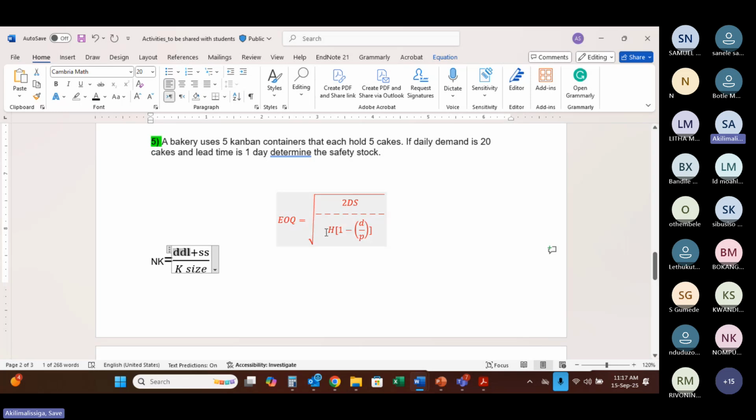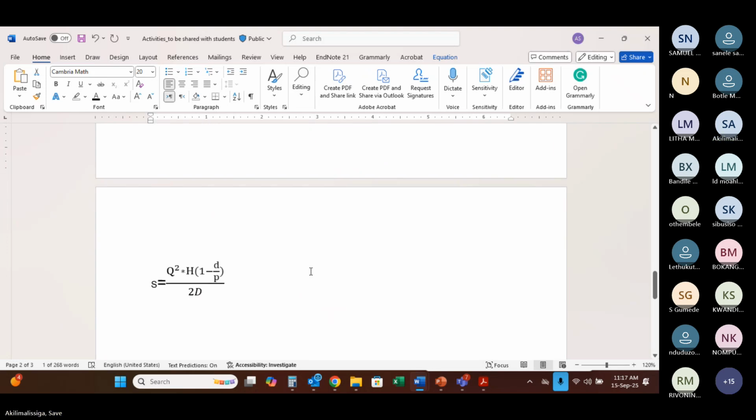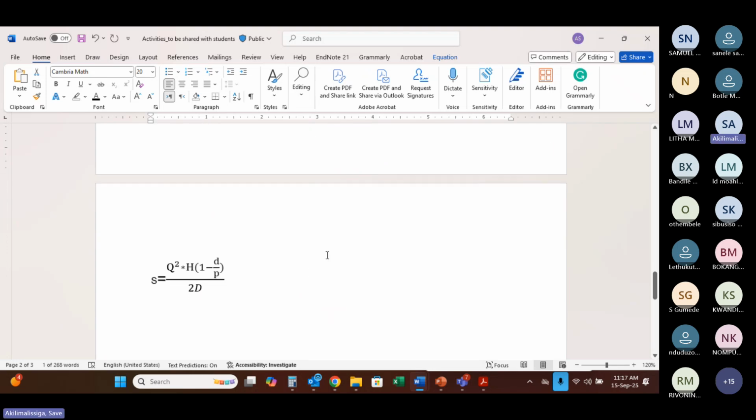The same applies to H. If you are asked to provide the value of H, you should also be able to pull it from this formula, right? So the setup cost, it's already here.